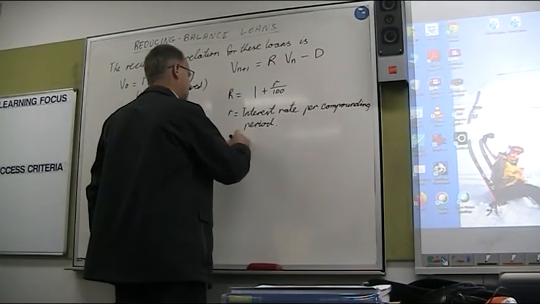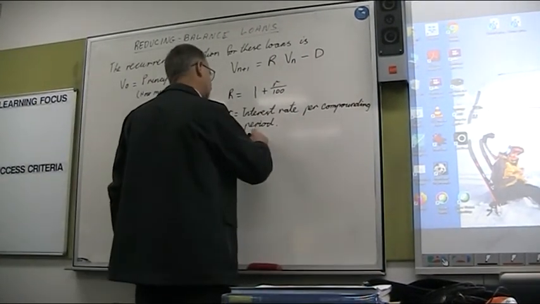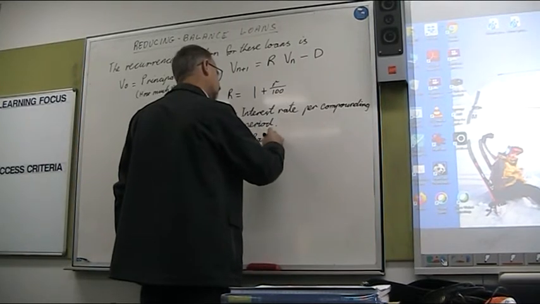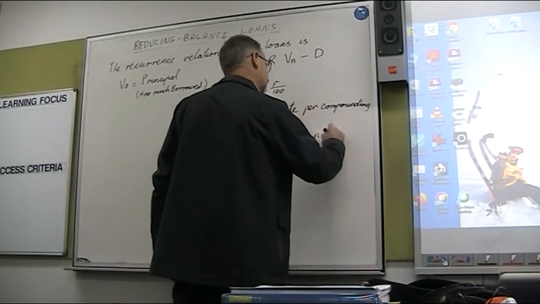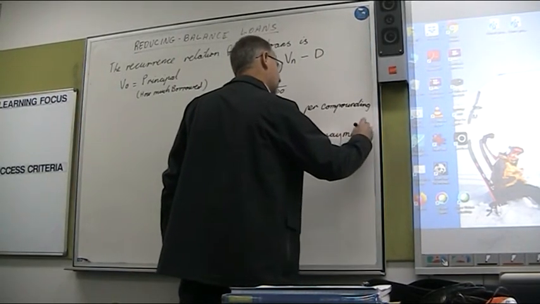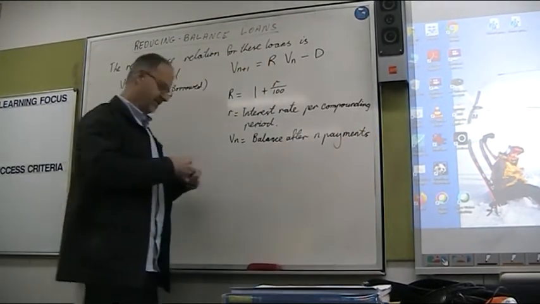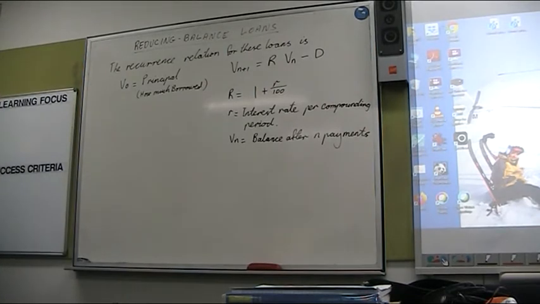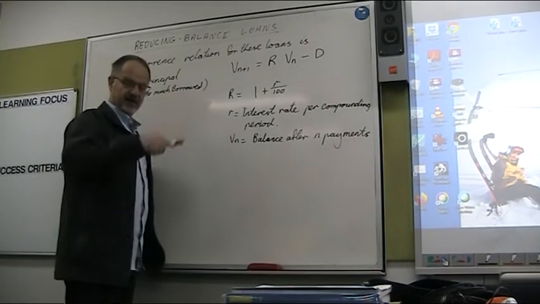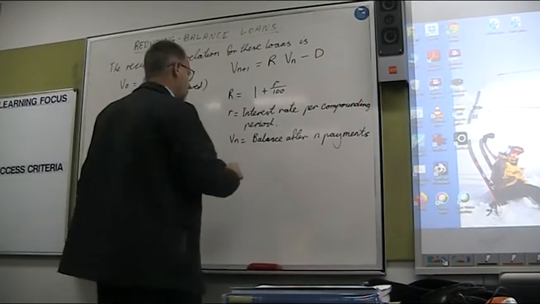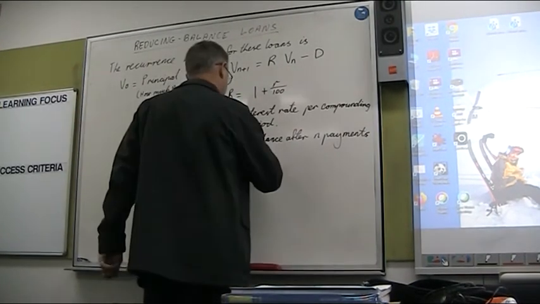Vn, of course, is the balance after n payments. So again, it's not per year necessarily, it's after the payments. If you're paying every month, then that n would be after a certain number of months.